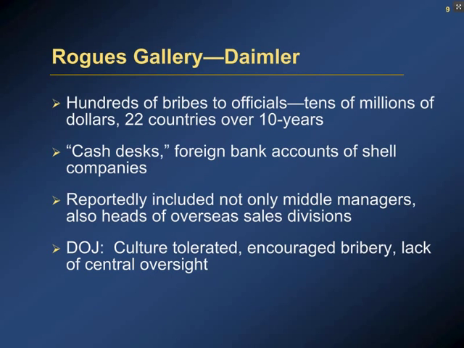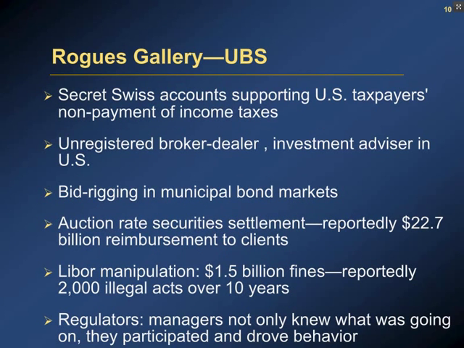We have more, unfortunately. The big bank, UBS, we know of the secret accounts. We know it was an unregistered broker-dealer, investment advisor here in the U.S., the bid rigging, auction rate security settlement. And here, this is amazing to me.